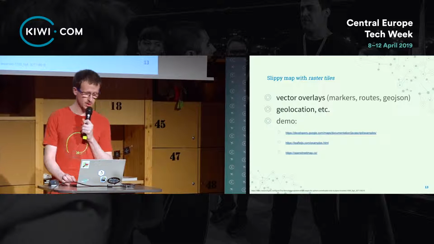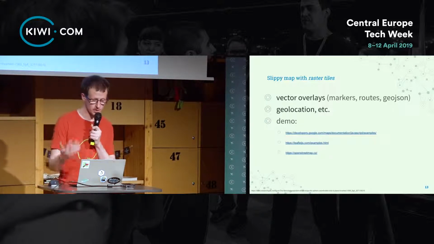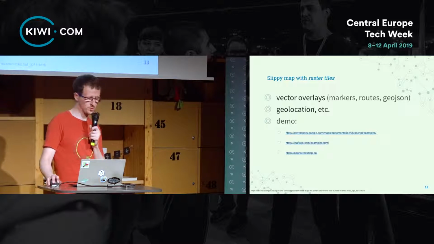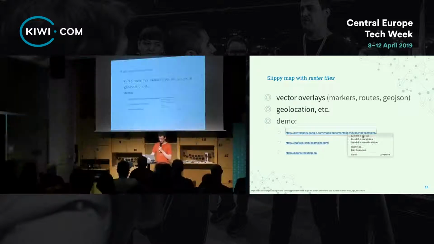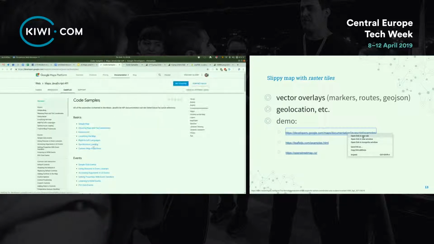Okay, still on raster tiles, we can do some overlays, which is in the Leaflet library. We can easily add some markers, points of interest, roads, GeoJSON, and stuff like this. I don't want to cover the whole documentation, but let's just see maybe something here.